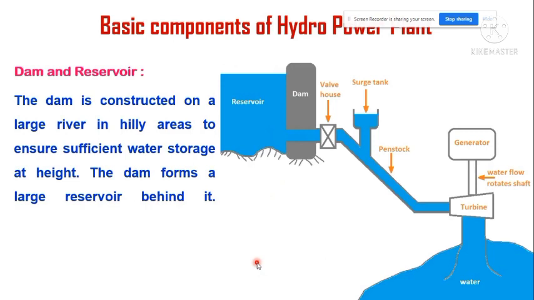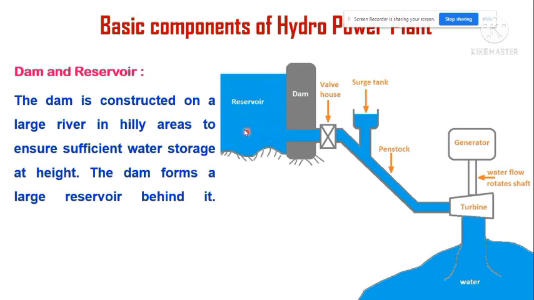So the first one, a dam and reservoir. In order to create electrical energy from the hydel energy, we need to store the water. So in order to store the water, we need to construct a dam. Here the water is stored behind this dam.